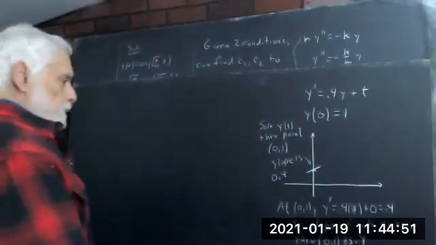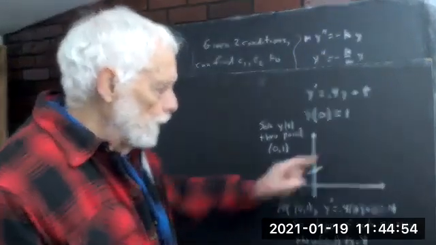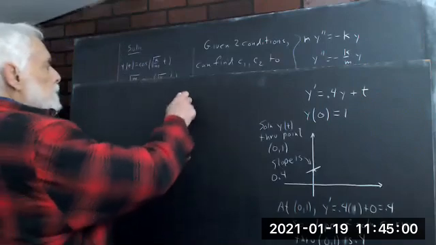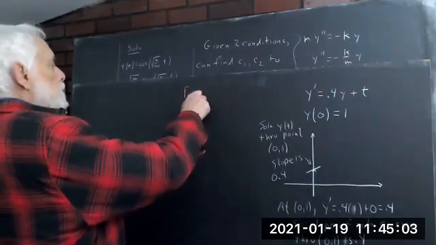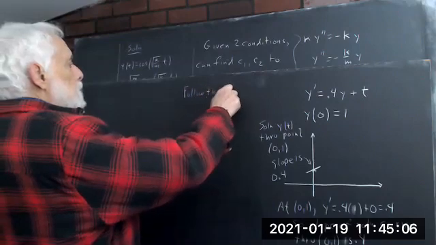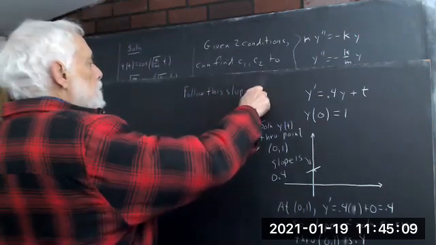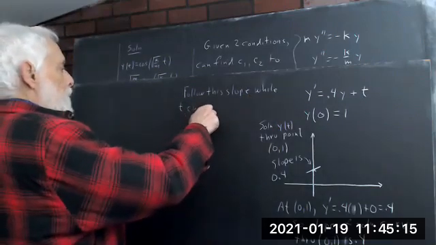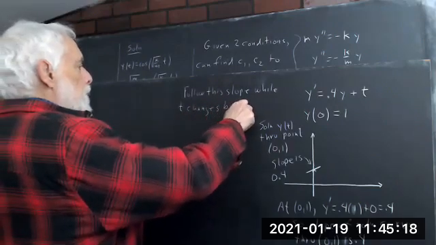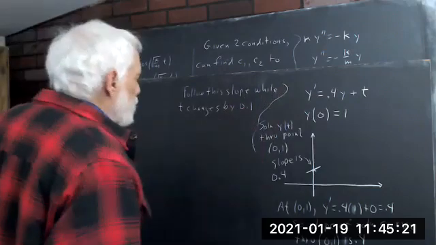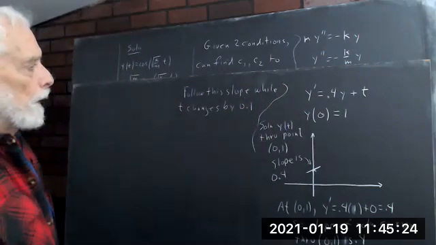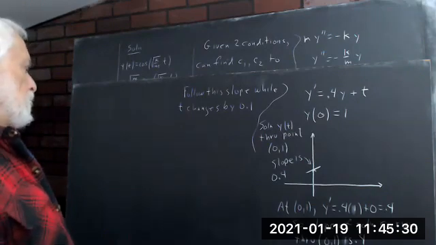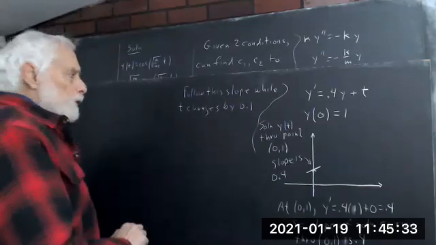Now, if we follow this slope for a little way, for example, while t changes by 0.1, that's going to give us 0.04. Yeah, that'll work. I don't want the result to be too small.